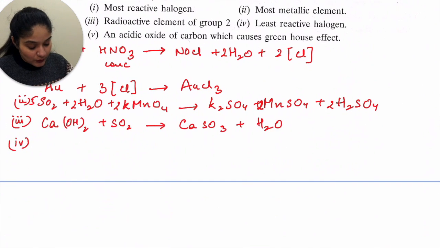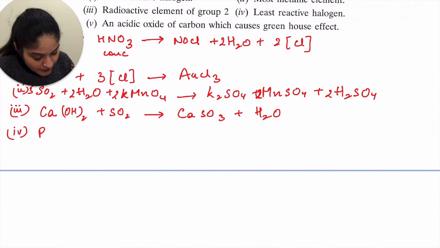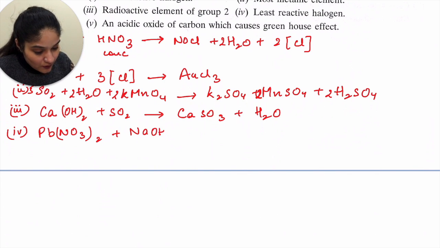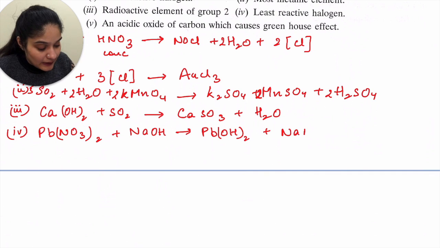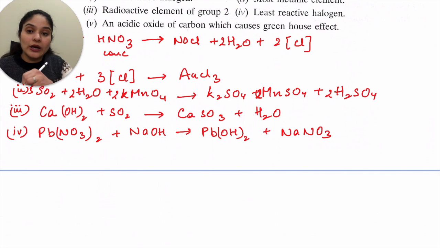So the first equation would be Pb(NO3)2 plus NaOH, which gives you Pb(OH)2 plus NaNO3, and this lead hydroxide will continue ahead to combine with sodium hydroxide.